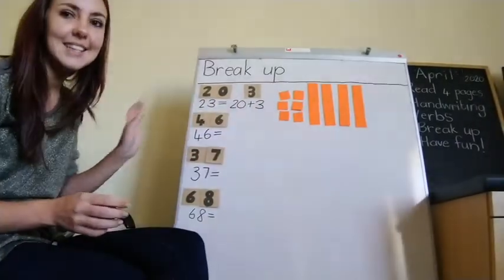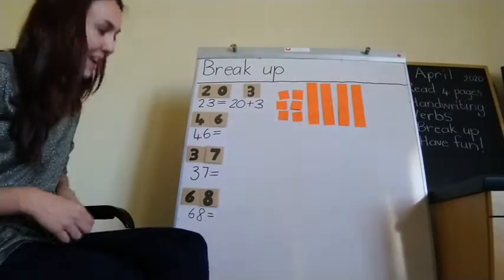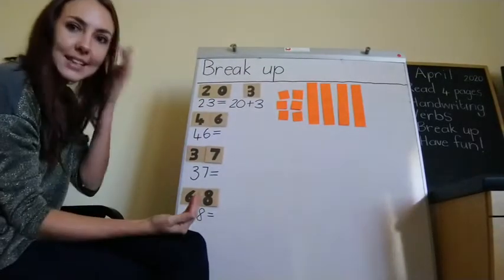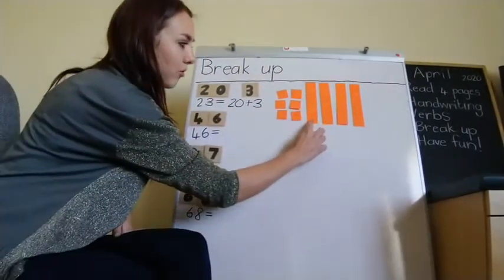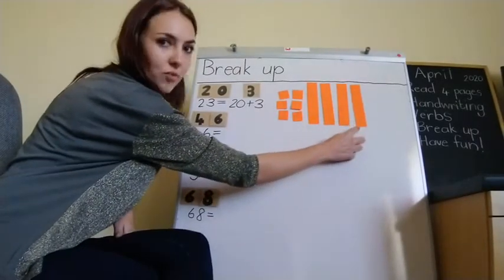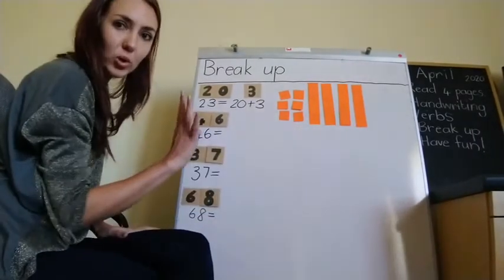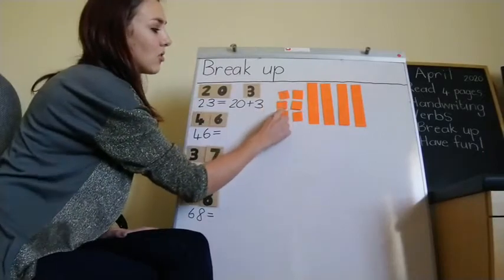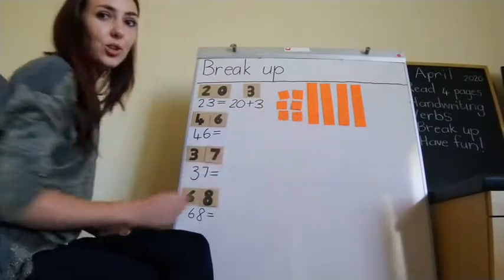I hope that you can see this and it's not reflecting. But 46 is 10, 20, 30, 40. So 4 tens and 6 units.